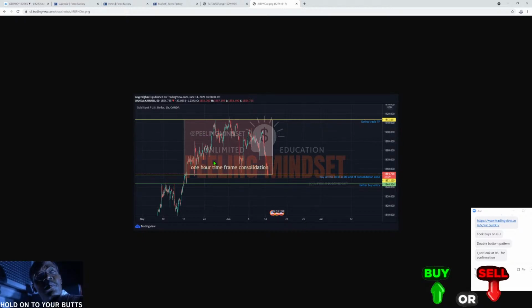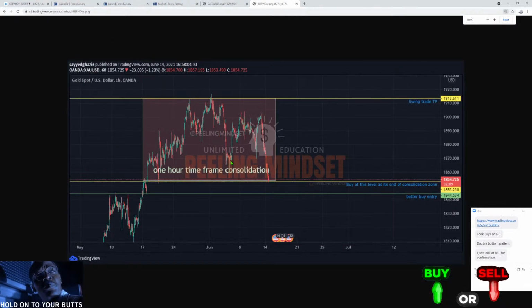Wow, what is this? 1 hour time frame consolidation? Oh, okay. Buy at this level as it's entered the consolidation zone. Better buy entry. Oh man, I don't know.